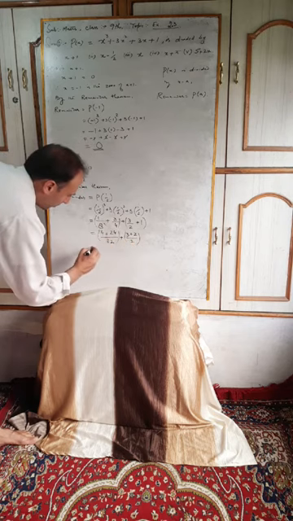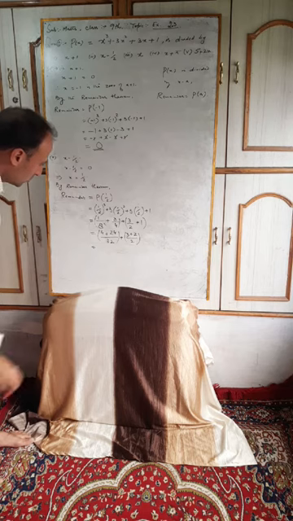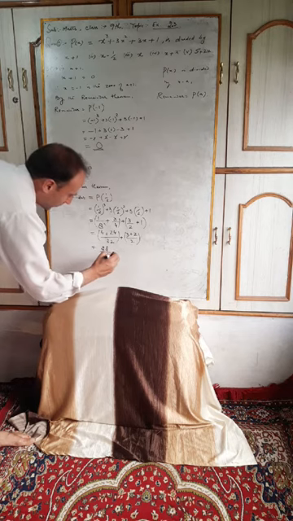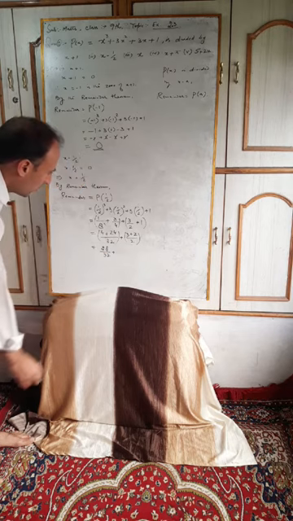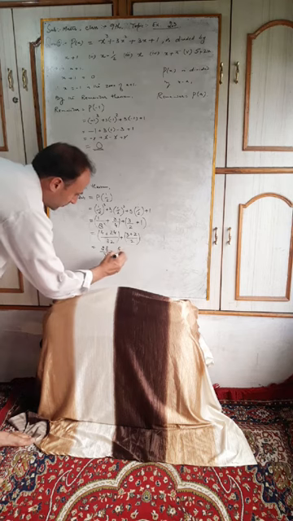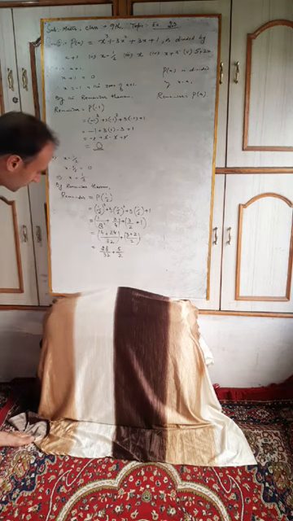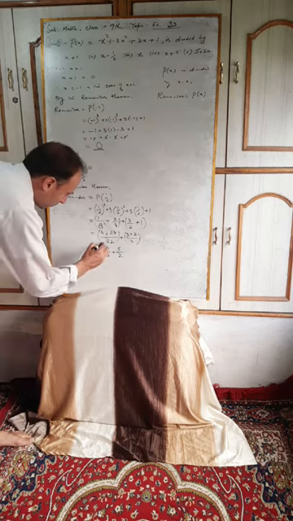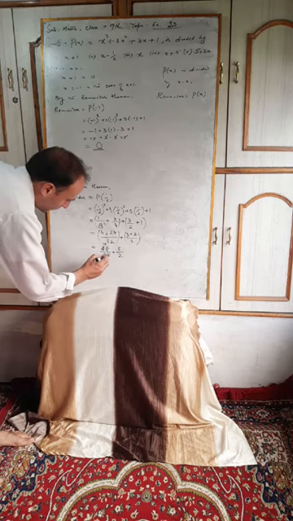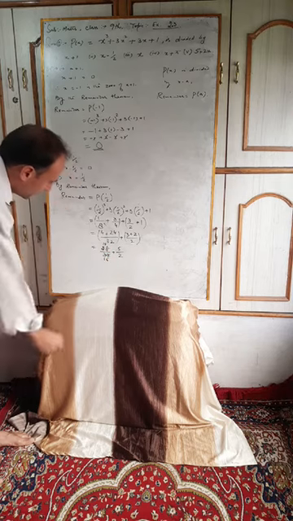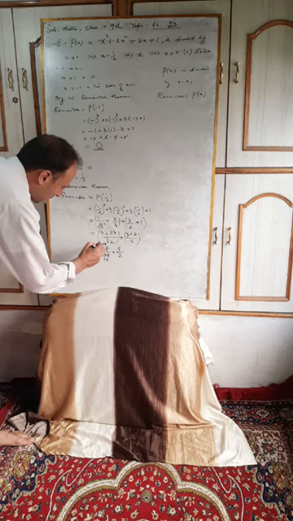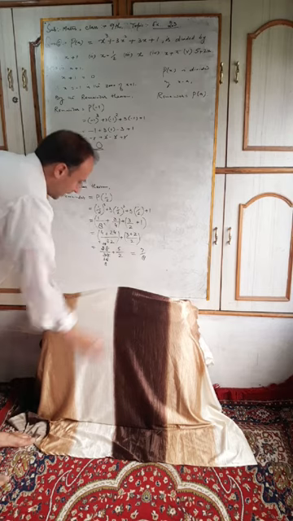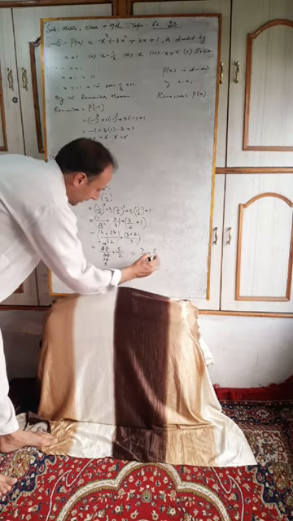So it will be equal to 24 plus 4 is 28 divided by 32, plus 5 divided by 2. It is equal to, 28/32 reduces to 7/8, so it will be equal to 7/8 + 5/2.